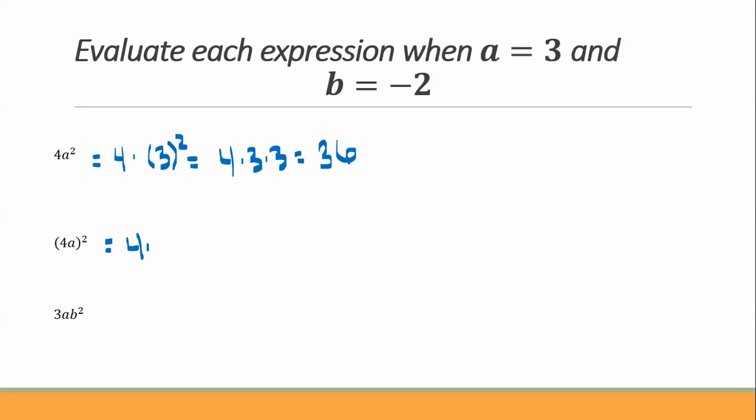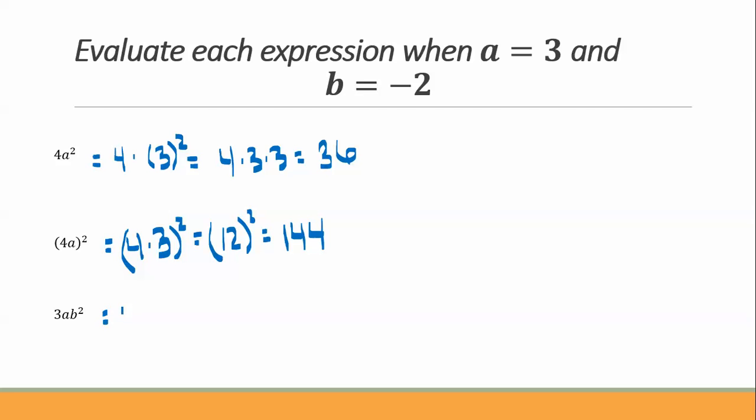This is 4 times a, so 4 times 3 squared, which is 12 squared, which is 144. So those two look really similar, but the bases are different, so that's why the answers are different.